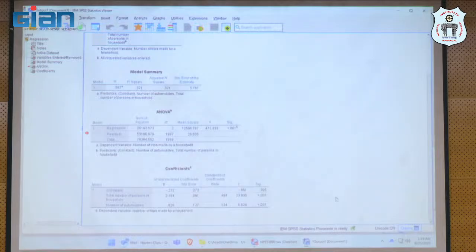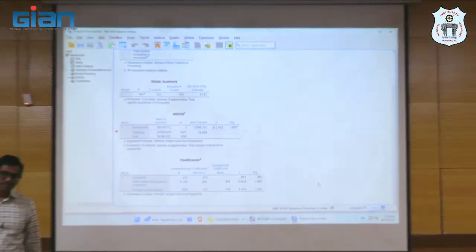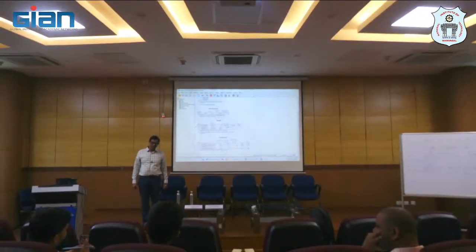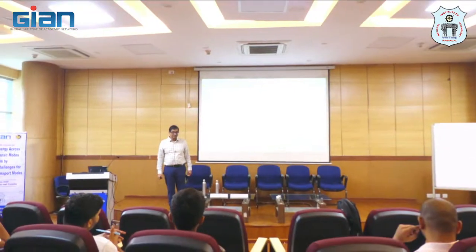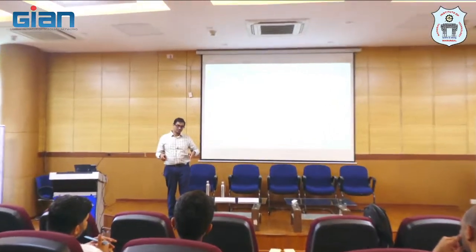Any questions? The values go from minus 1.96 to plus 1.96. If the coefficient is negative, it should be greater than minus 1.96 in that direction. If the beta is positive, you are making sure the coefficient doesn't go negative.